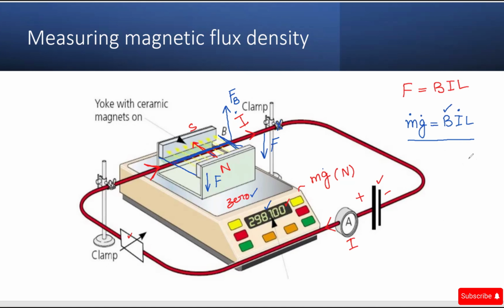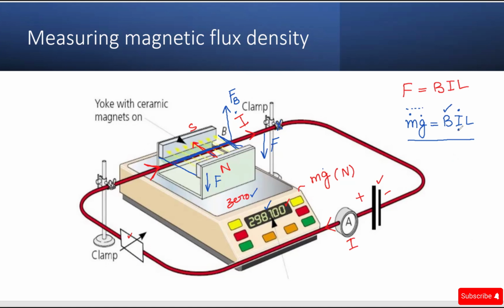Now if we look at this formula, we also learned about uncertainty and errors in the data. So you must do multiple measurements for one current and then take the average, and then also change the value of the current to see what happens to the force on this current carrying wire. If we look at this formula, we can understand what's going on.